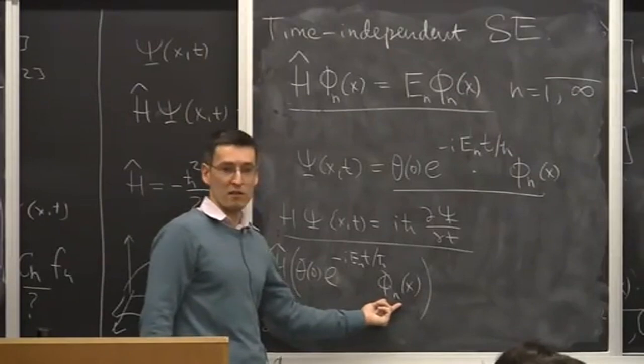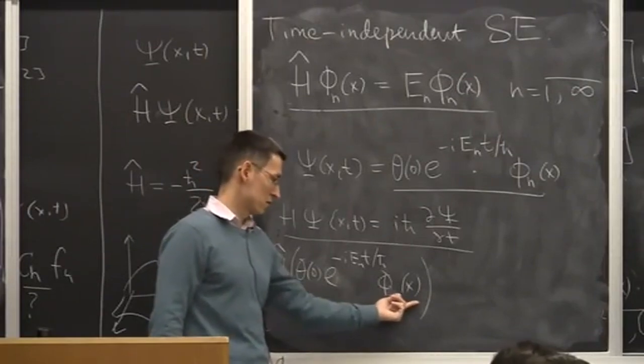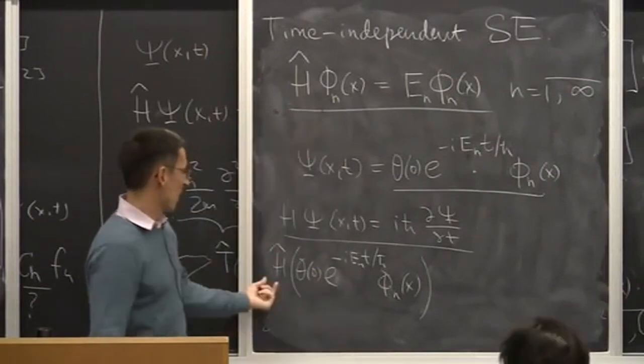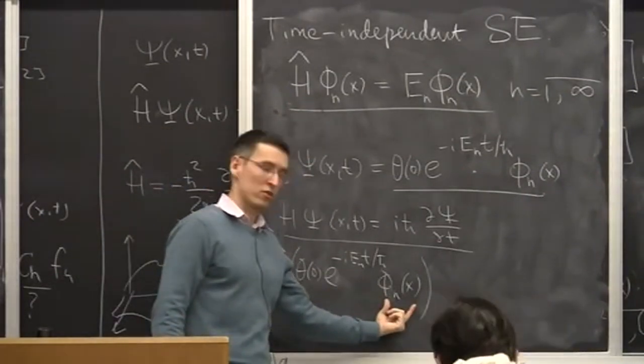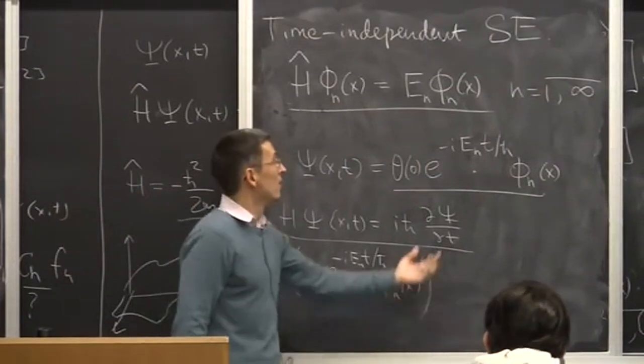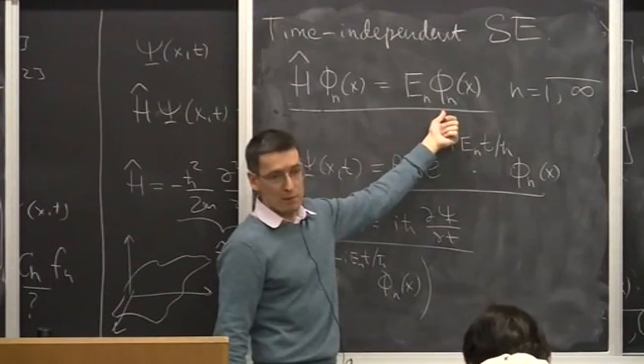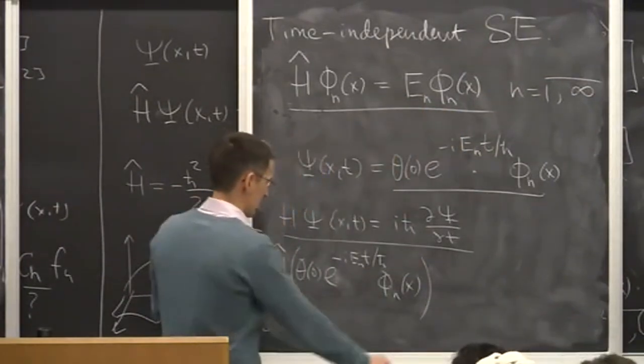The Hamiltonian will only affect this function, right? And we know from this equation how the Hamiltonian will act on this function. What will be the result of that action? The result will be the constant E_n multiplied by the same function. Okay?